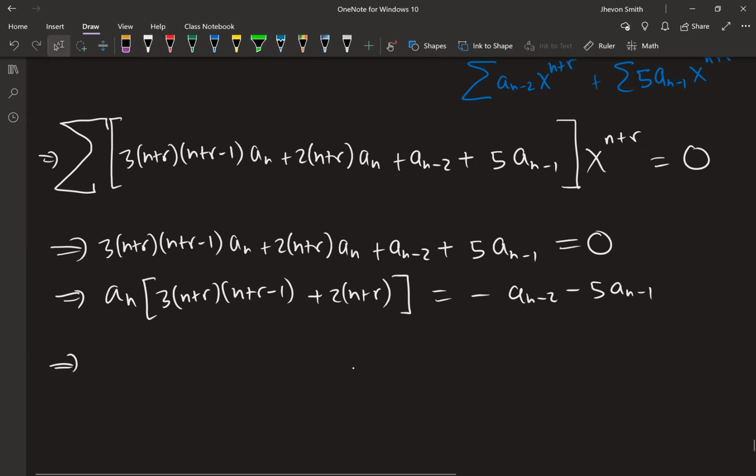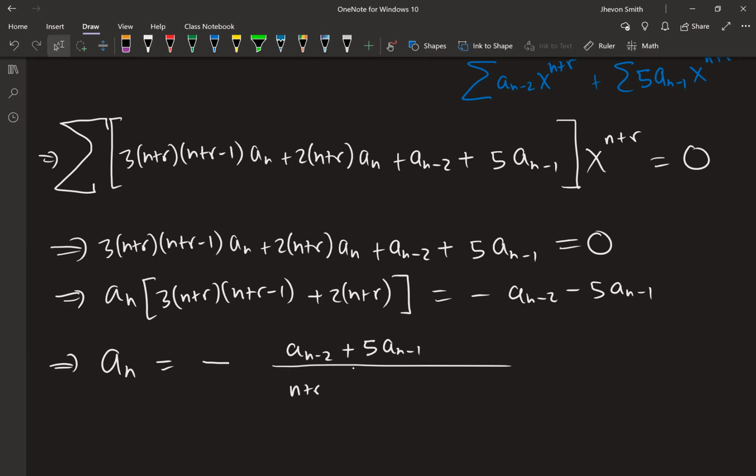And so this would mean that my a_n is equal to minus a_(n minus 2) minus 5a_(n minus 1), all over n plus r times 3n plus 3r minus 3 plus 2. So this looks like the recursive formula here.